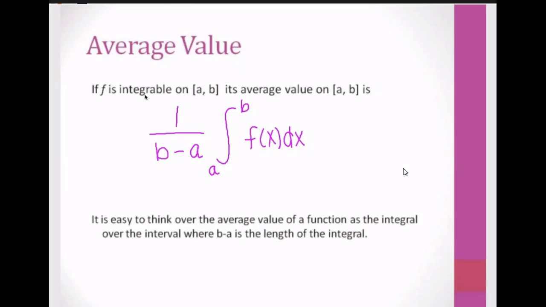So by definition, the average value formula is 1 over b minus a. Remember I told you we'd find out how to find that n value. It's represented by b minus a, because that's your upper minus your lower. That should make sense, the beginning to the end of your interval.